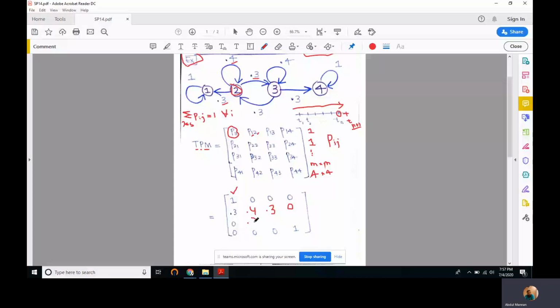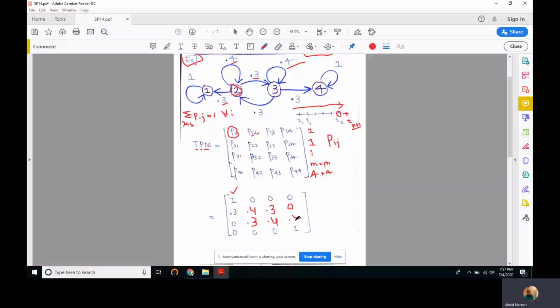Starting from 3, we will be at state 2 with probability 0.3. Starting from 3, we will be at 3 with probability 0.4, and at 4 with probability 0.3.